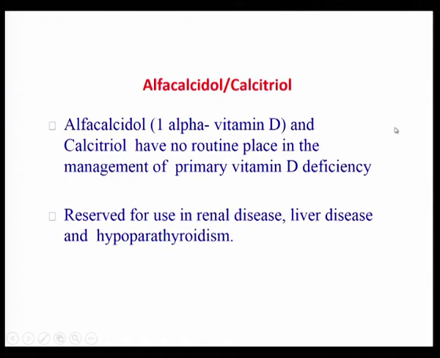So we reserve this only for cases connected with liver diseases, renal diseases or hypoparathyroidism. In all these three cases, where they do not have the ability for activation, you give the activated form directly. Whereas for people who are already healthy, giving a precursor form is more than enough for vitamin D deficiency, and this would eventually kickstart the vitamin D associated mechanism.